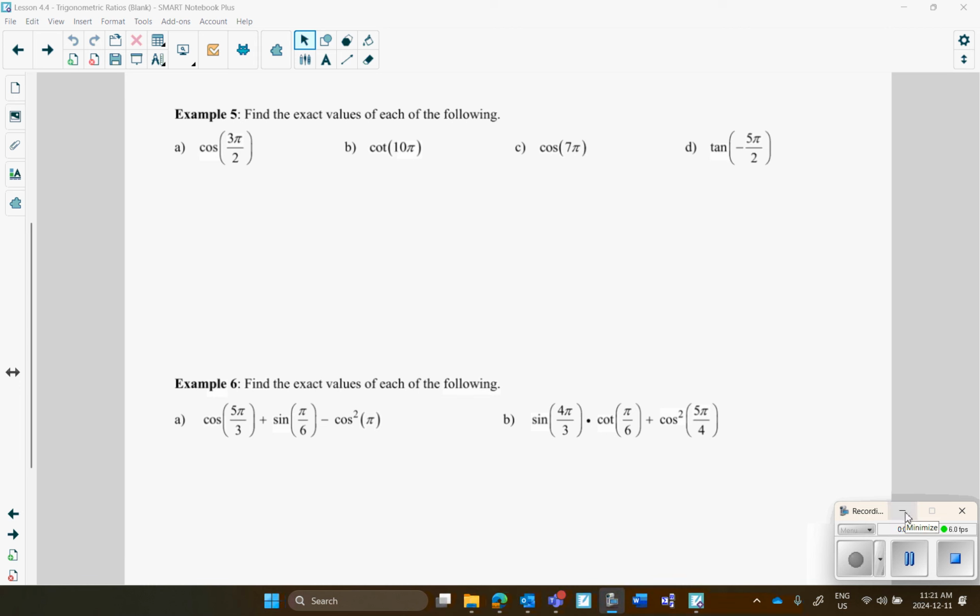So we've been using some of the skills we learned in the previous lessons to find exact trig ratios of certain angles in degrees or radians, mostly in radians. So let's just finish up some questions.